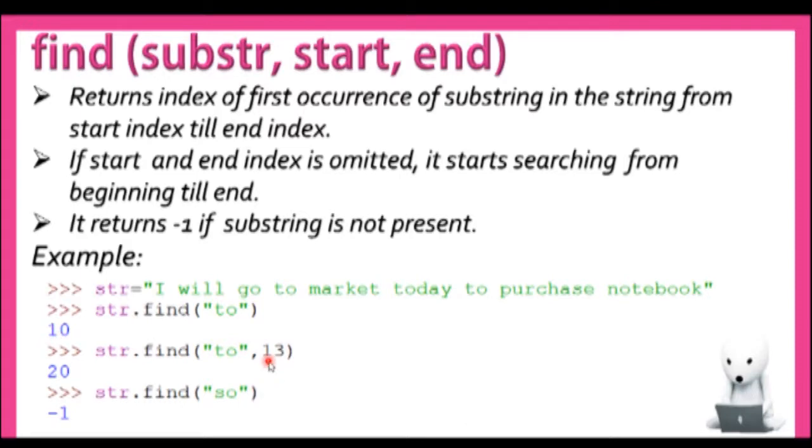If I start from index 13, the first occurrence of 2 after 13 is at the 20th position, so it returns 20. And if I find "so", because it is not present in this string, it returns -1.